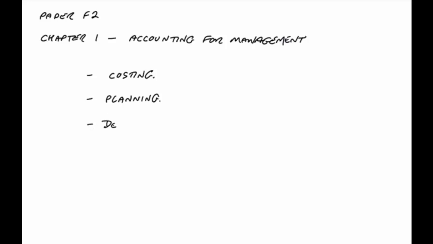Another one, decision making. Management need to make all sorts of decisions. There's one I've mentioned in the notes, making a decision on what price to charge for goods. But a big area is a much more long-term decision. Suppose a company is wondering whether to buy a new machine.